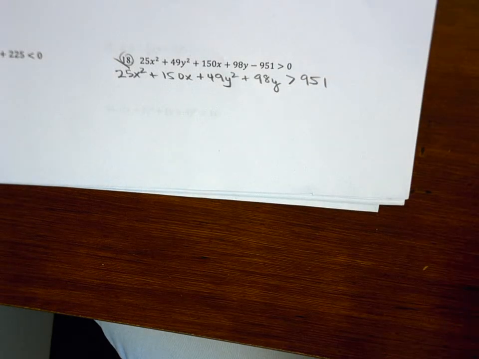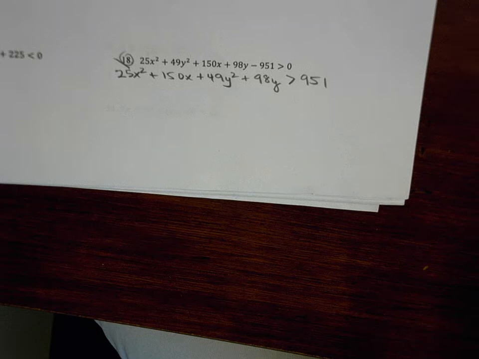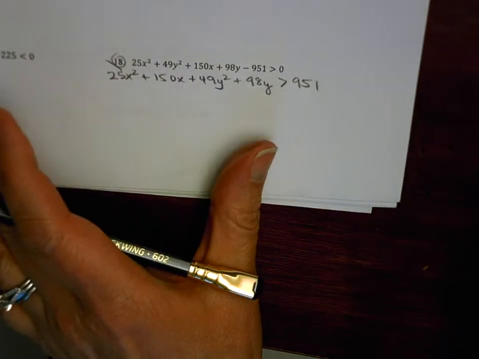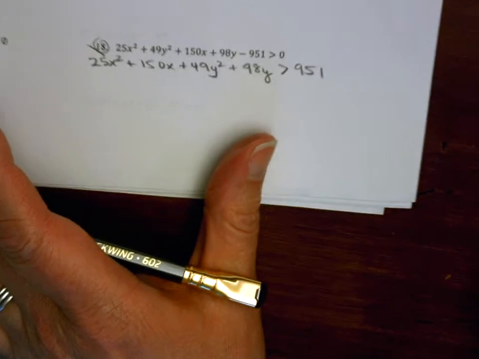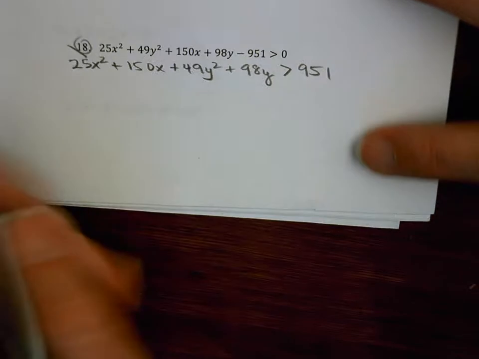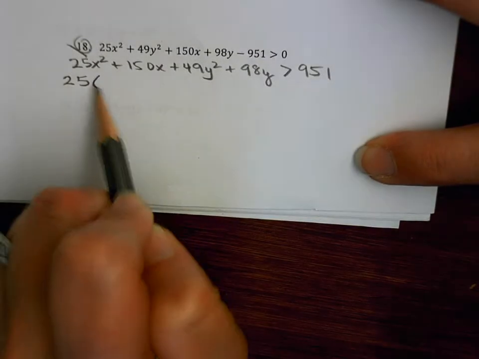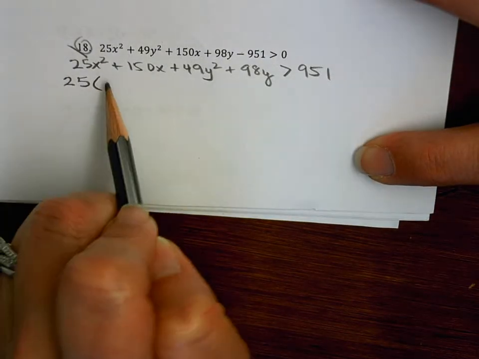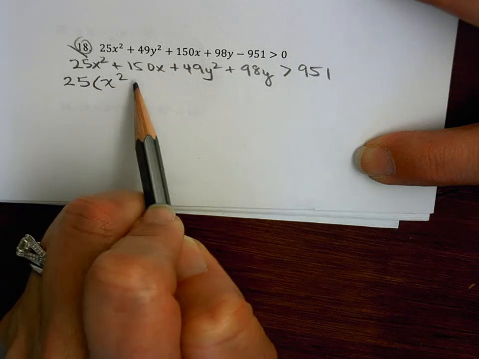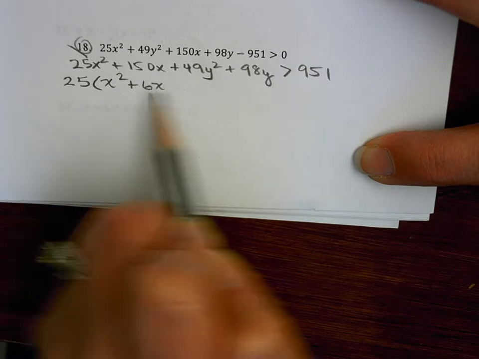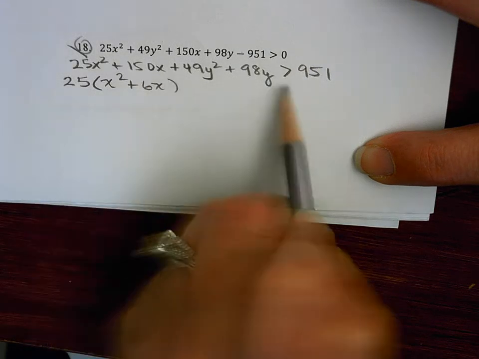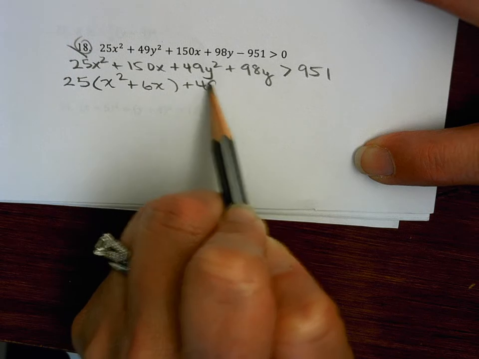And then from there, I want to factor out the 25 from both of the x terms. Let me zoom in just a little bit. When I factor out a 25, I'll have x squared plus 6x. And then I'm going to factor out a 49 from both of those.